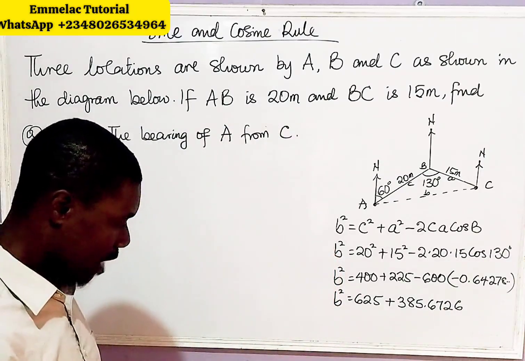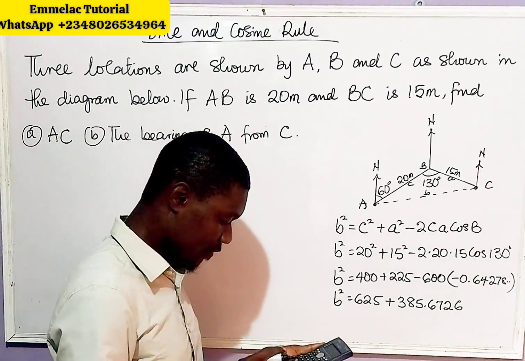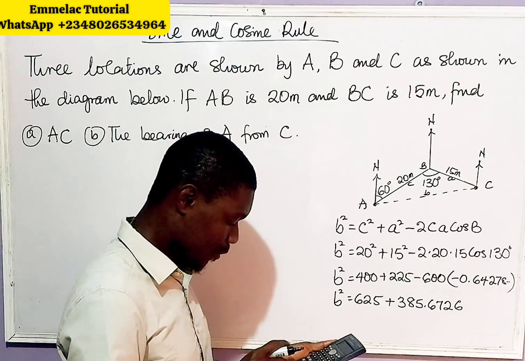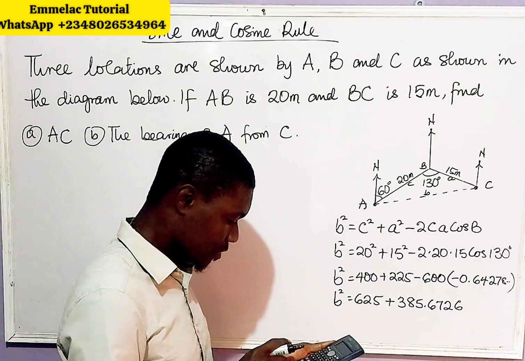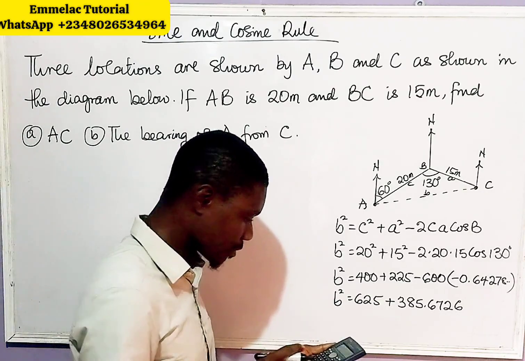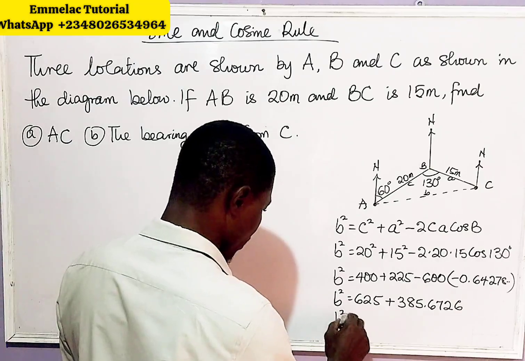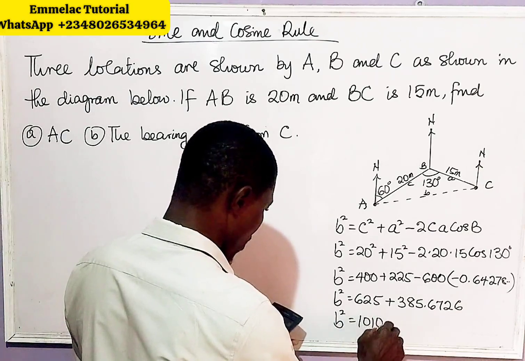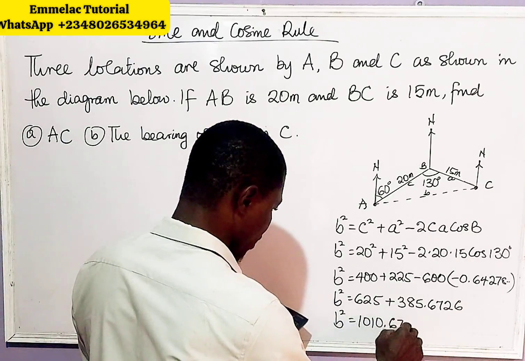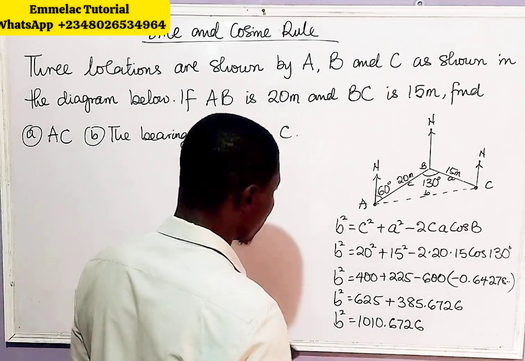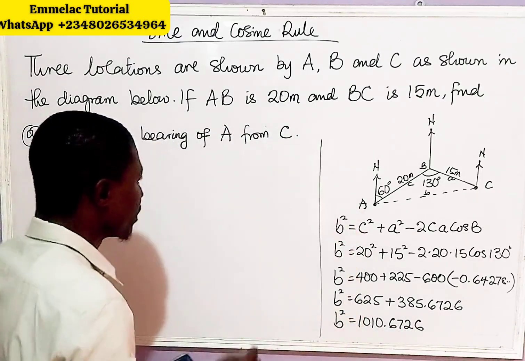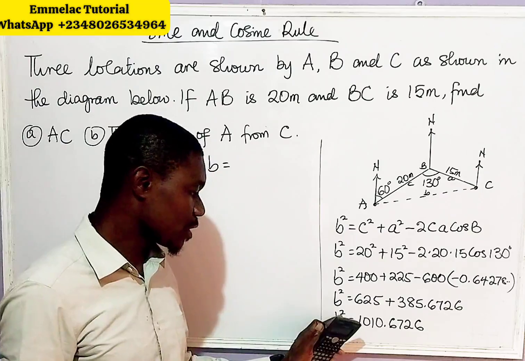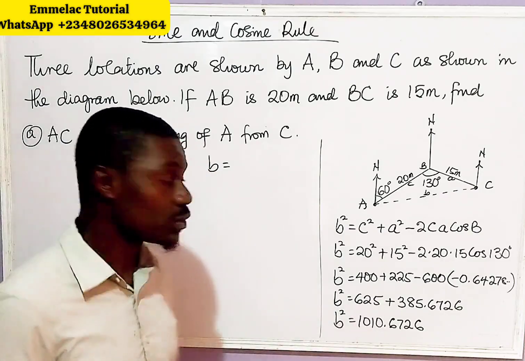Alright, so when we add up 625 plus 385.6726, our b squared will then give us 1010.6726. Okay, so at this point, for us to get rid of this square, we take the square root of both sides.